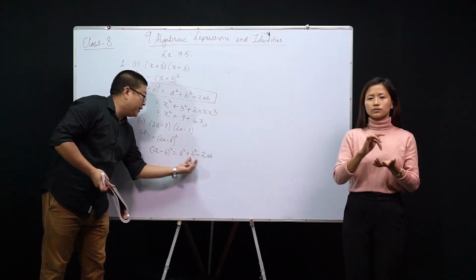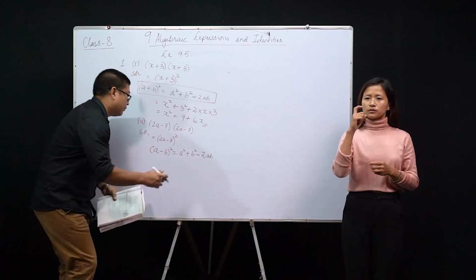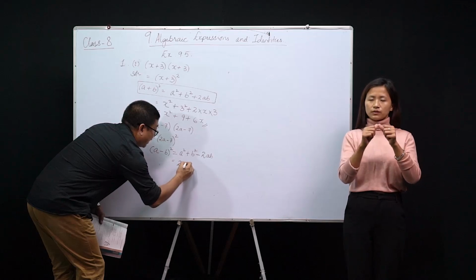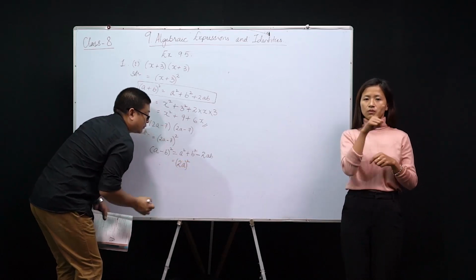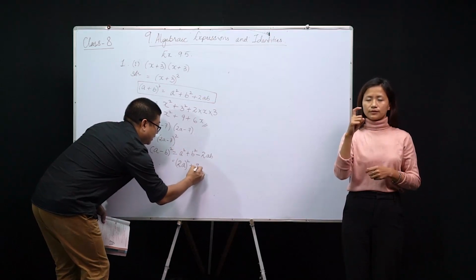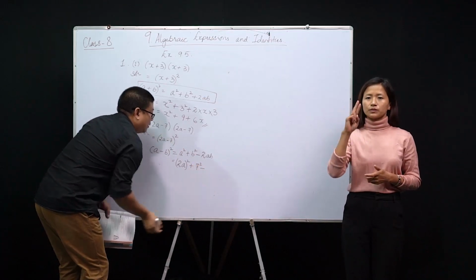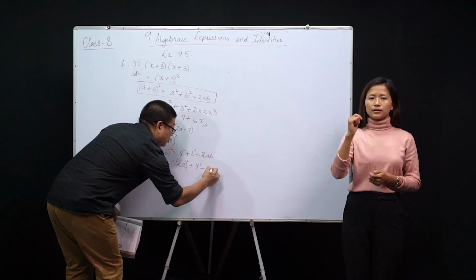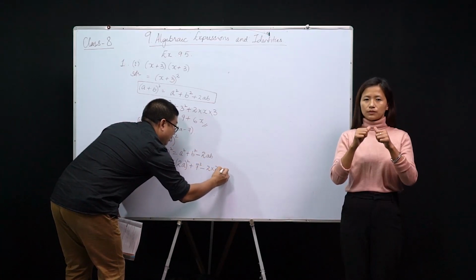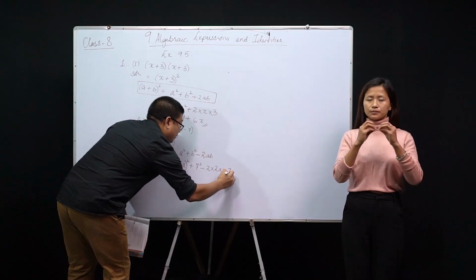In place of b, I will write 7. So, in place of a, (2a) the whole square plus, in place of b, 7 square minus 2 into, in place of a, 2a, in place of b, 7.